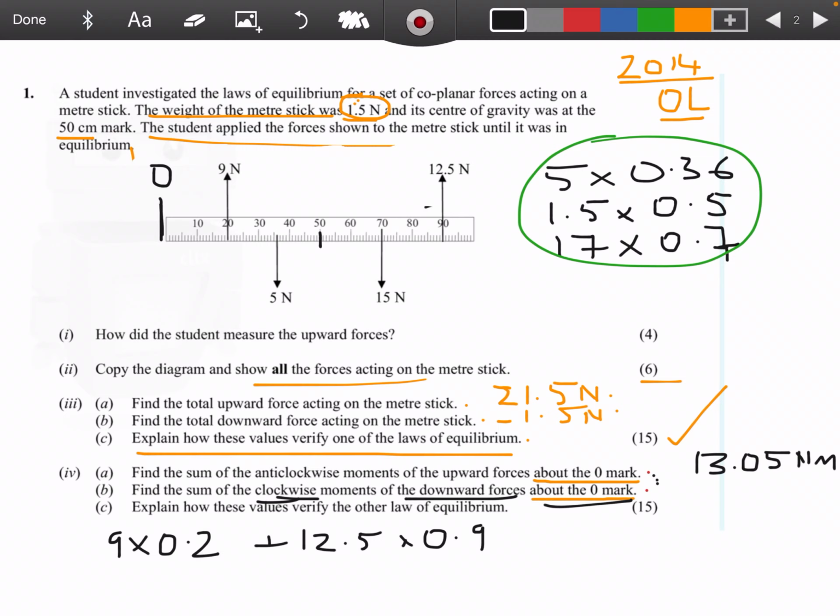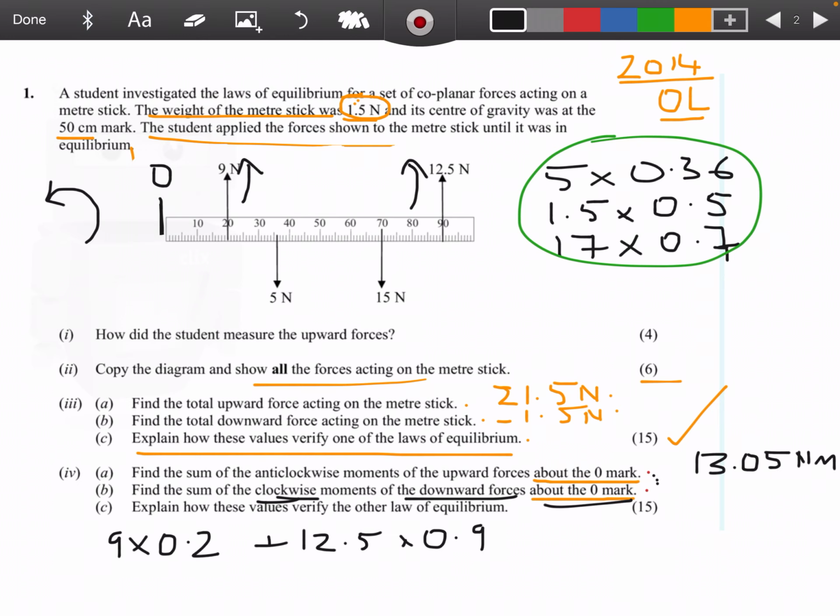The weight of the stick is going clockwise, and the 15 newtons there are going clockwise. They are moving in the direction that a clock would. So that's why they are the clockwise moments. The anti-clockwise ones are the ones going upward, in this case, about the 0 mark. Anti-clockwise, opposite direction to the way the clock moves.